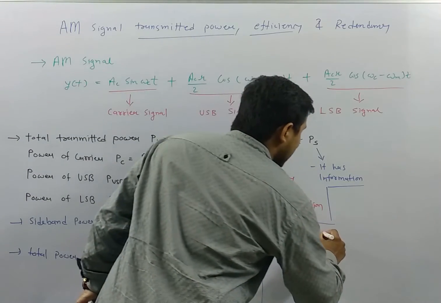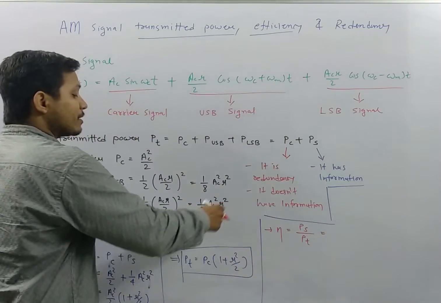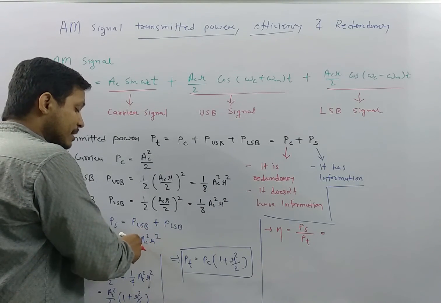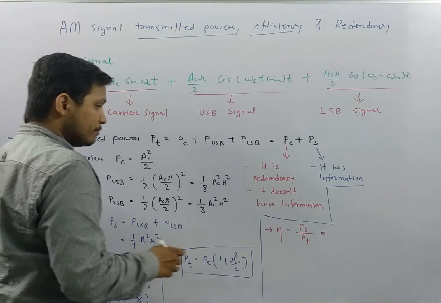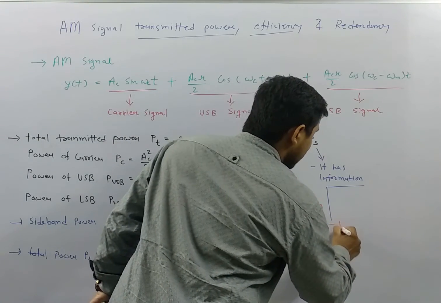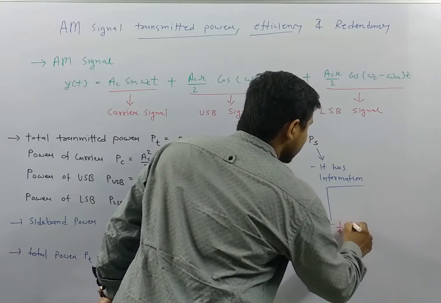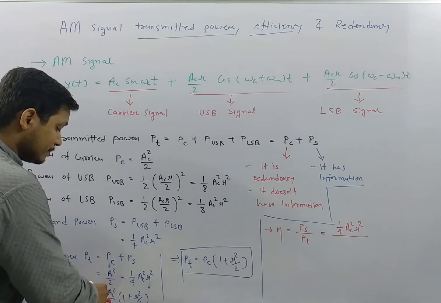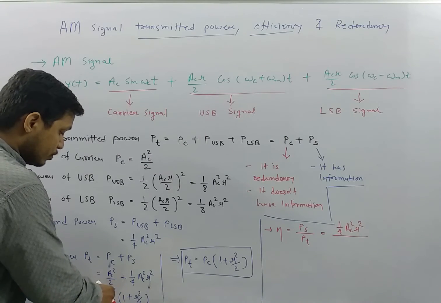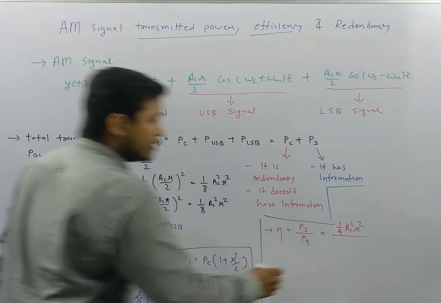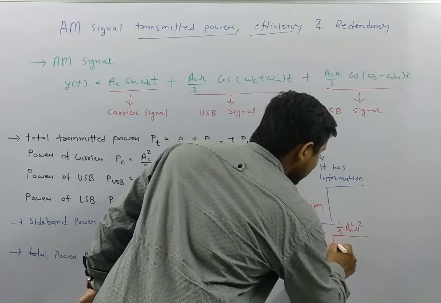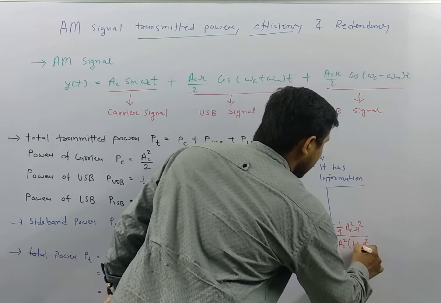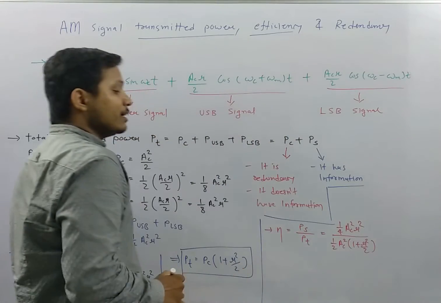So what is sideband power here? Sideband power, that is PS, that is 1 by 4 AC square mu square. And total power, that is AC square by 2 into 1 plus mu square by 2. So you can say half of AC square into 1 plus mu square by 2, where mu is the modulating index.